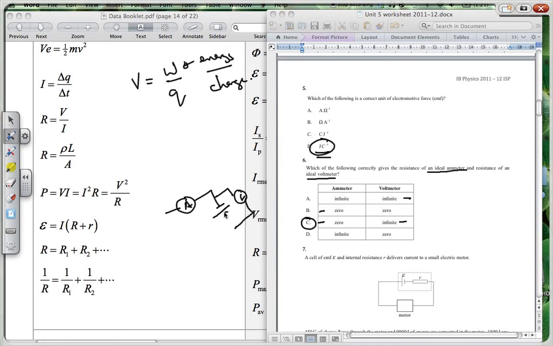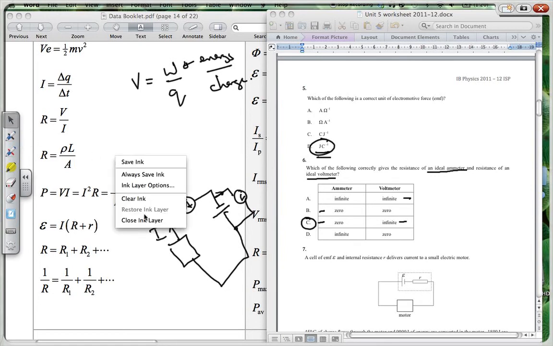So what actually happens is that if I just connect this up to some sort of resistor like that, all the current actually goes through the resistor or through the ammeter, but you don't want any loss of energy through there, so it must have zero resistance. Because the voltmeter is in parallel, you don't want any current going through there, and therefore it needs to be infinite.